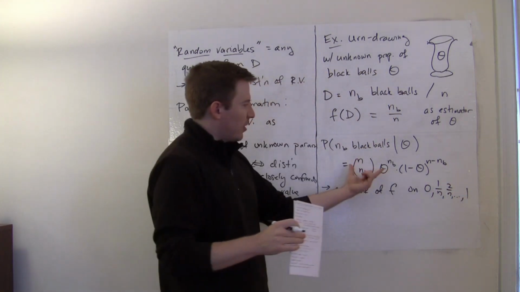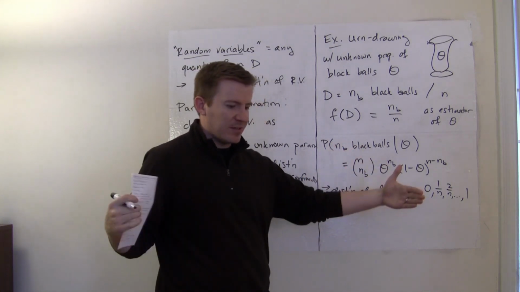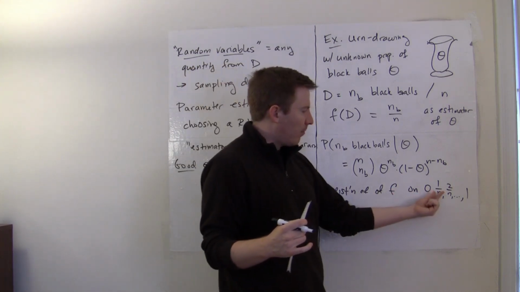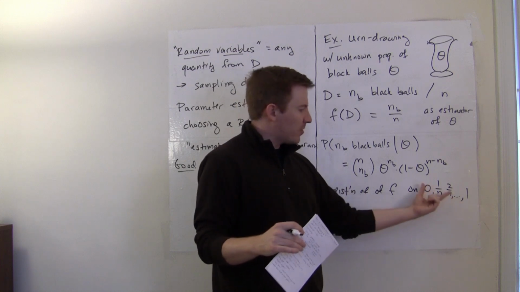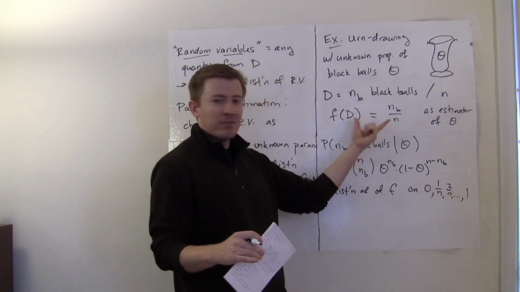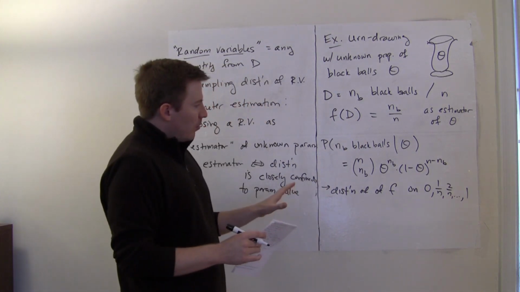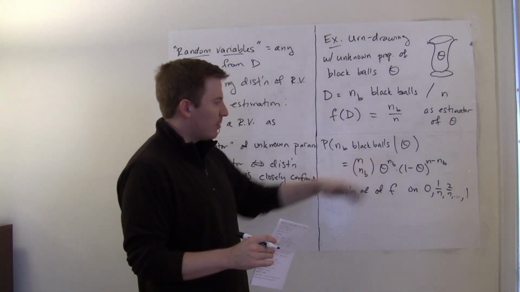So we basically just take this binomial distribution and take it as a proportion, and all it does is scrunch down the distribution so that it's now concentrated on these ratio possibilities from 0 to 1. Those are the allowable values for f, the way we've defined it. Great. So we know everything there is to know about this sampling distribution of f.